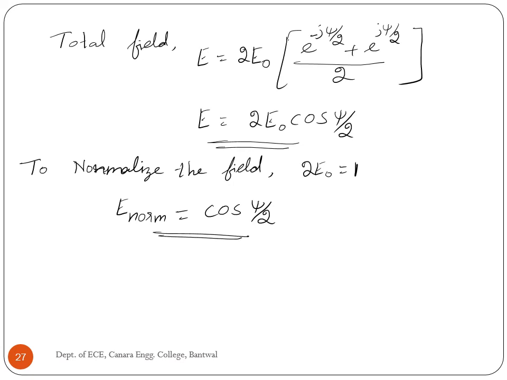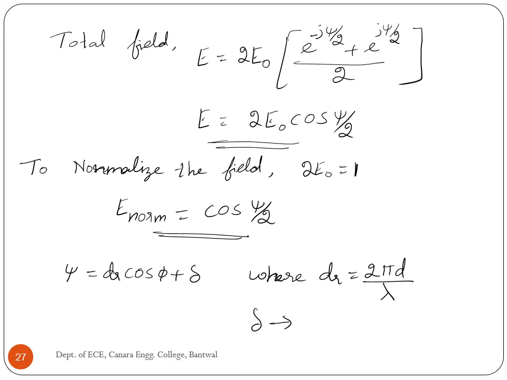For general case, when two isotropic sources with same amplitude and any phase difference, the normalized field is equal to cos of xi by 2, as xi is phase angle, which is beta d cos phi plus delta, where beta is 2 pi d by lambda and delta is phase difference.